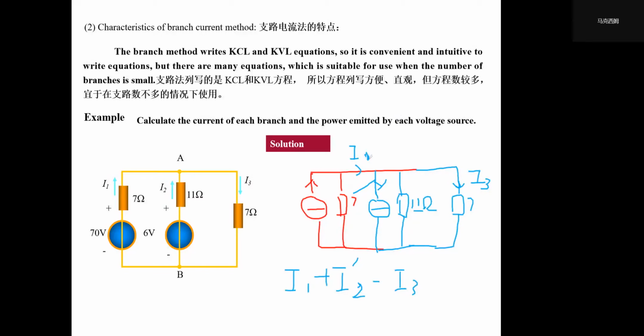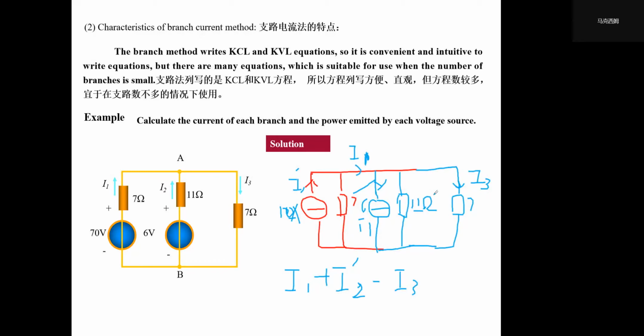Now we can directly solve it, right? This I1 is 70 over 7, which is 10 ampere. And the other one is 6 over 11. And we know that these three resistors are in parallel connection, so we can put them together and calculate that.